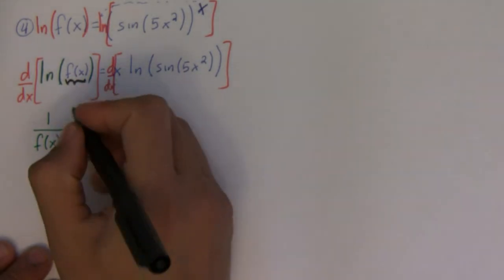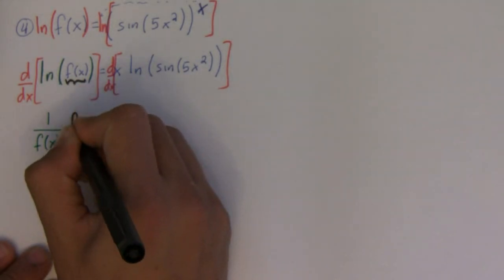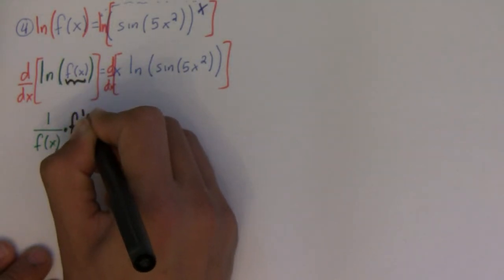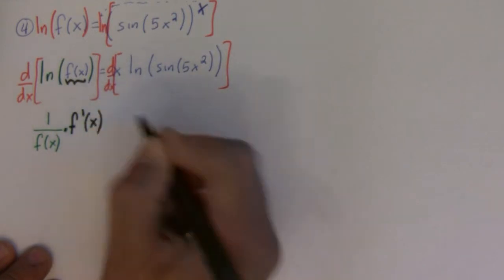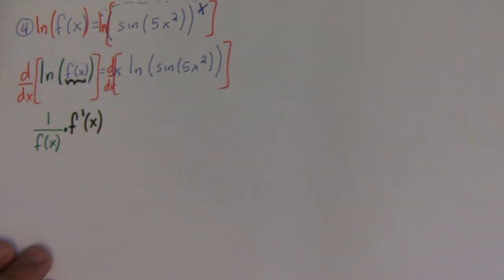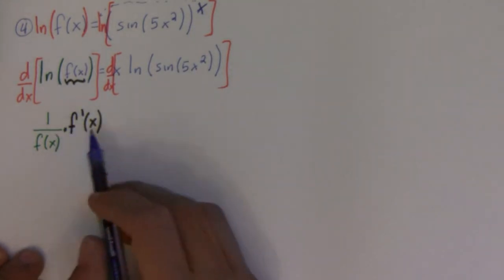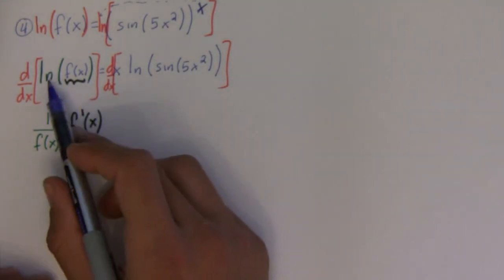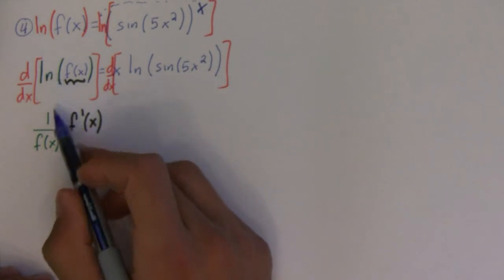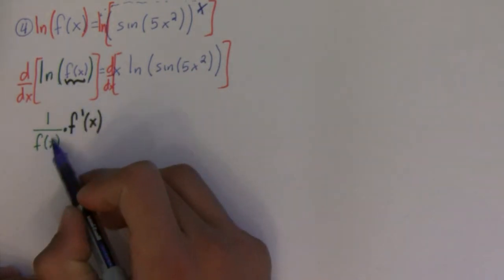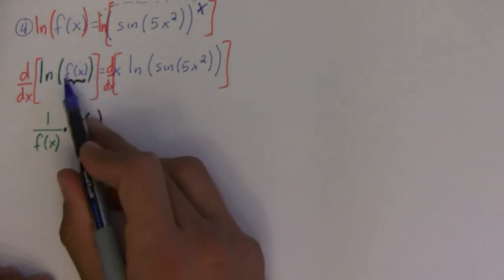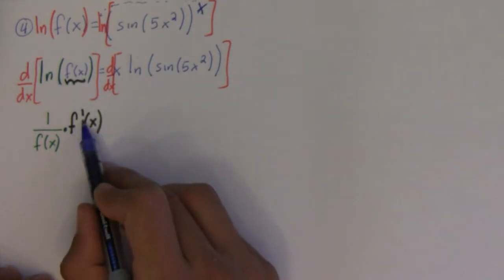Now the derivative of the inside, I'm just going to write as f prime of x. So all we've done is use the chain rule, but it's a little bit abstract. The derivative of natural log is 1 over the function times the derivative of the function, which we wrote as f prime of x.